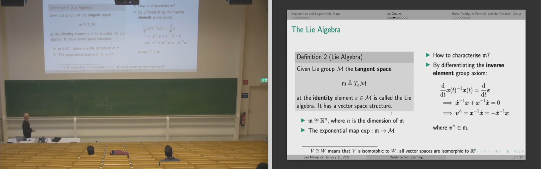And so that basically says x dot, or things that behave like velocities, are equal to x minus 1 times x dot, and then you get your ODE equation. So that's the characterization of the Lie algebra elements. So that's the basic reasoning here.